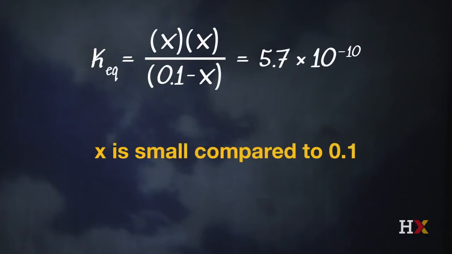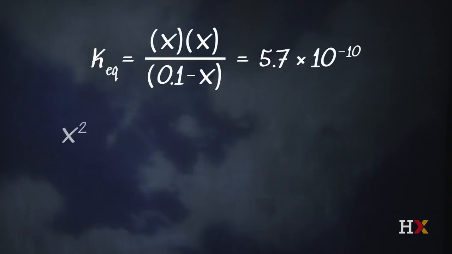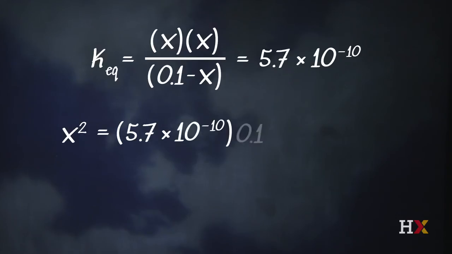And so rather than having a quadratic equation to solve, we can solve our equilibrium constant by simply writing that X squared is equal to 5.7 times 10 to the minus 10, and then we will approximate the denominator not as 0.1 minus X, but ignoring X with respect to 0.1. That leaves a 0.1 in the denominator, and that means that I have 5.7 times 10 to the minus 10 times 0.1, which is equal to 5.7 times 10 to the minus 11.